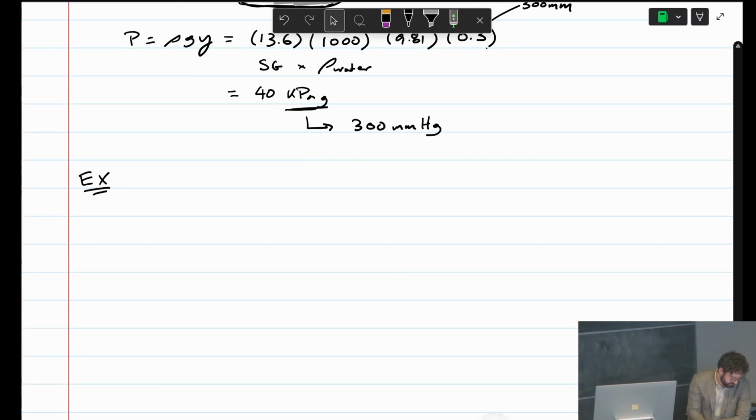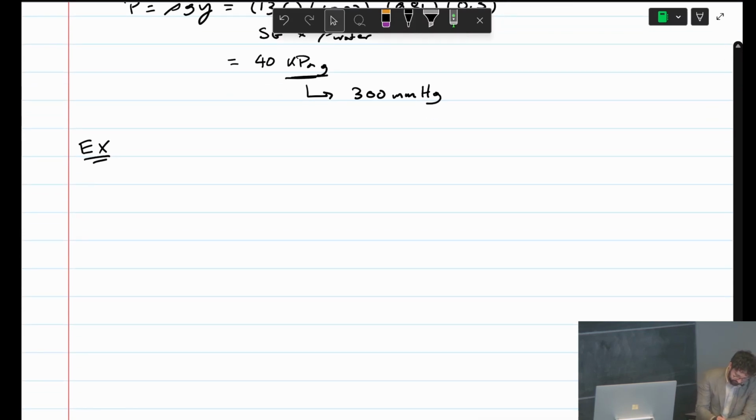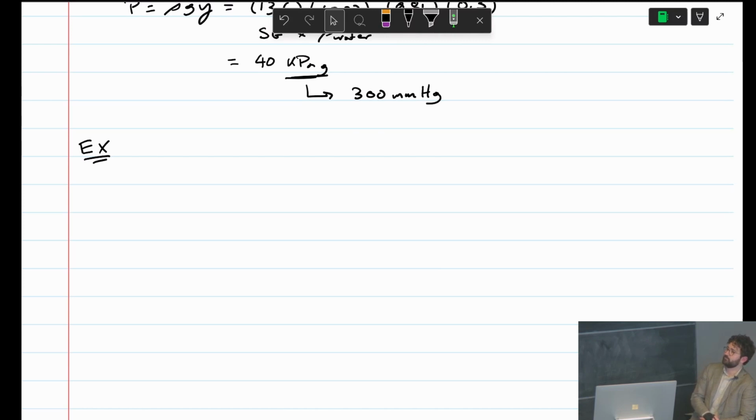I'm going to do a third example now. Maybe you've seen manometers before in practice, but does anyone have an idea about if we wanted our manometer to be very highly accurate, how could we increase the accuracy of our manometer?